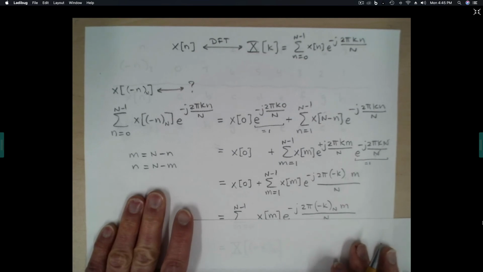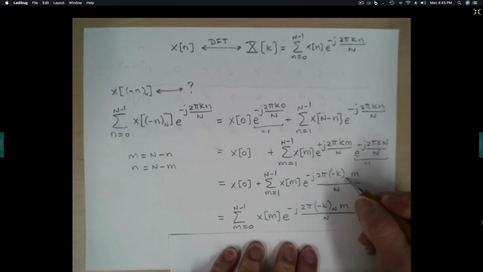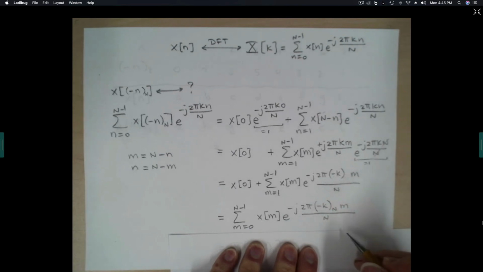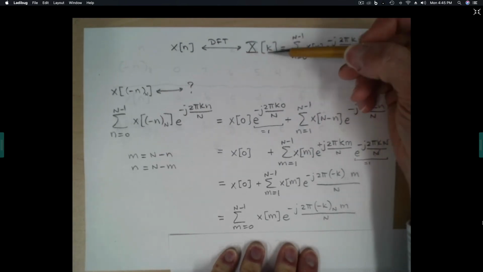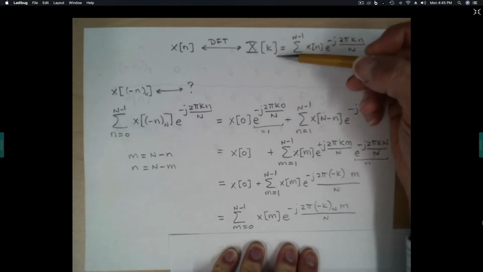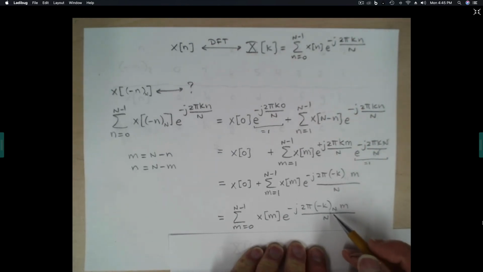The next step is to put a modulo N subscript on this negative k. And we're doing that because we're looking forward to trying to re-express this as some function, some relation to capital X of k. So the modulo will help us to protect that.